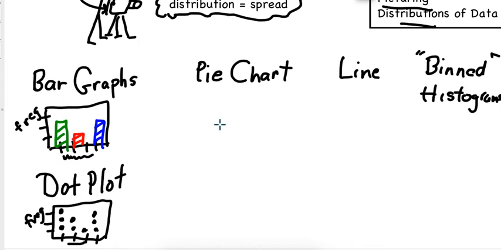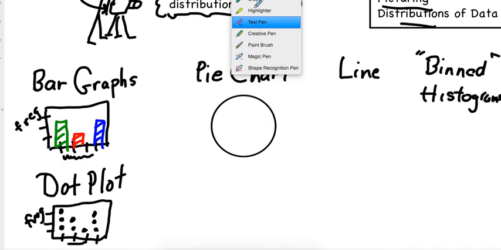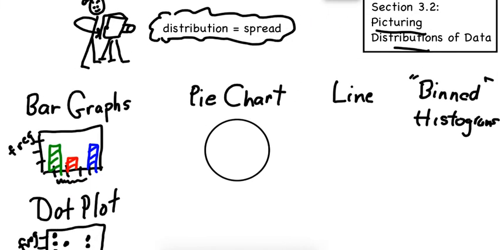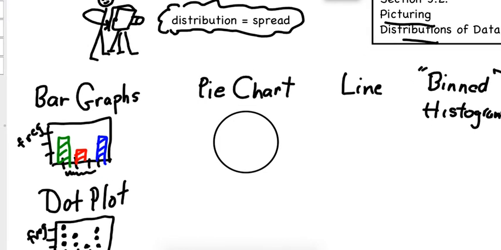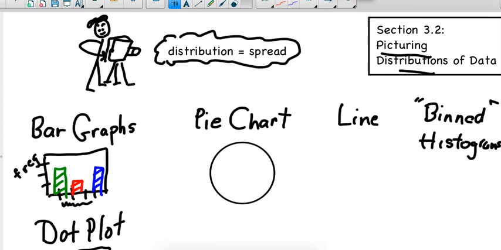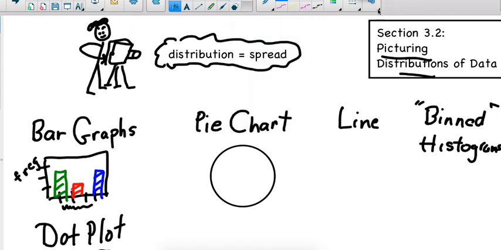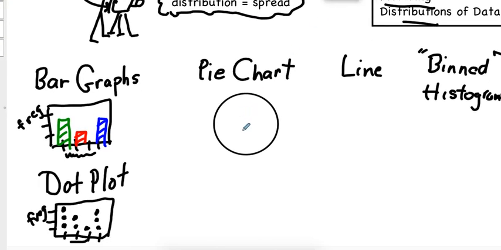All right, next, pie charts. I think we're really good at understanding what a pie chart is. You're looking at a circle. The circle has segments, and the segments are really divided into arcs. There are 360 degrees around this circle.